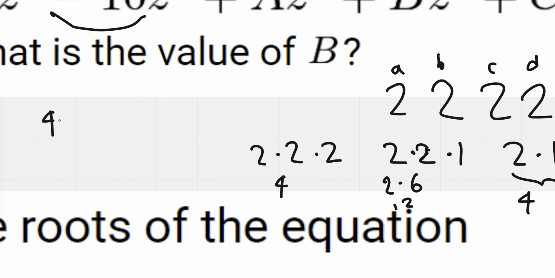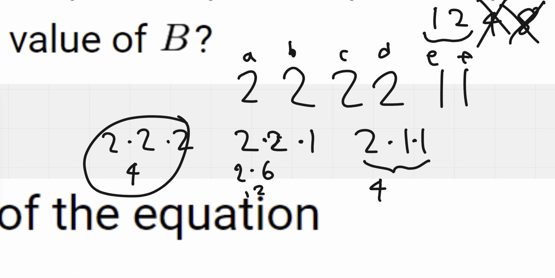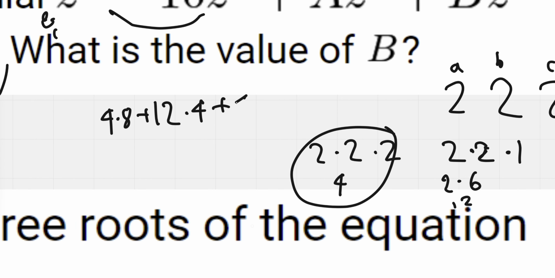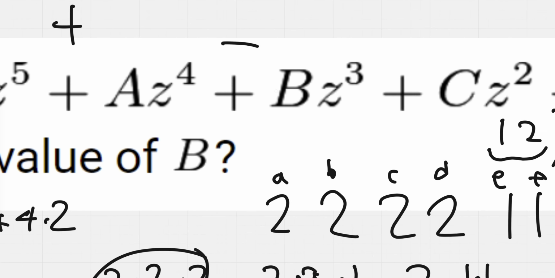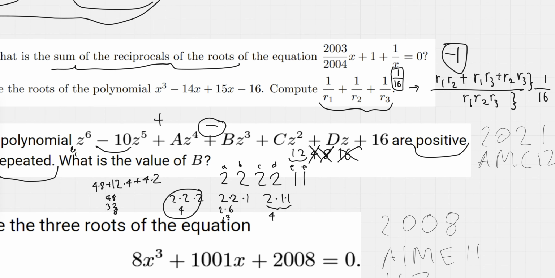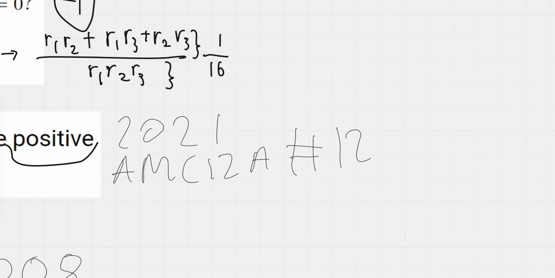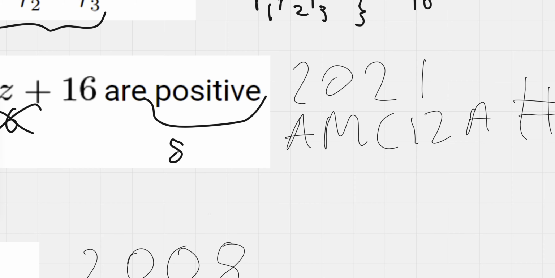You have 4 times 8 as your value there. You have 12 times 4, and here you have 4 times 2. So that's 48 plus 32 plus 8, 88. And remember, it had to be negative. Yeah, it had to be negative, so you're going to get negative 88 as your answer.